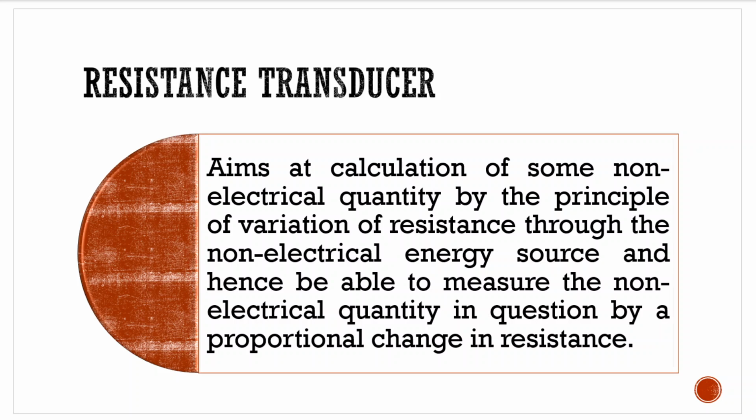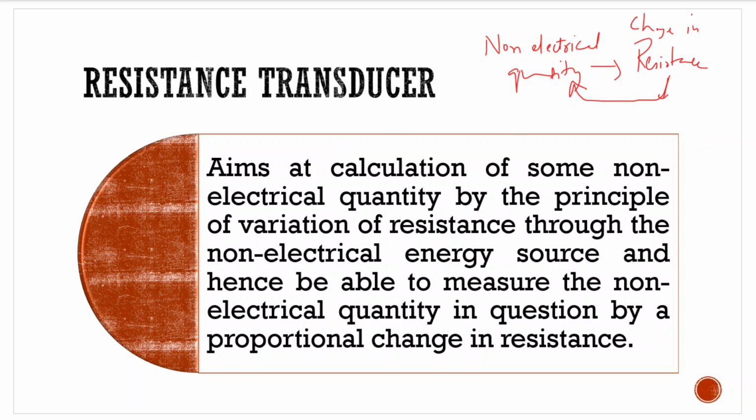In short, there is some non-electrical quantity. This non-electrical quantity will cause a change in resistance, and this proportional change in resistance can give us the value of the non-electrical quantity that we are trying to measure.